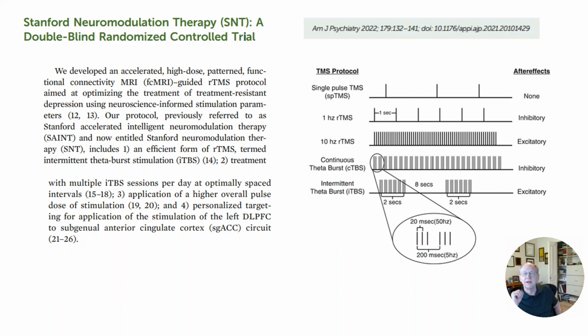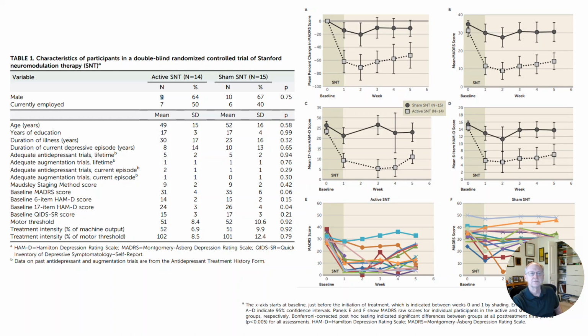And currently, the big thing is the SAINT protocol, where basically you are looking at using an intermittent burst so as to improve the efficiency of the whole process. And here you see some of the results.